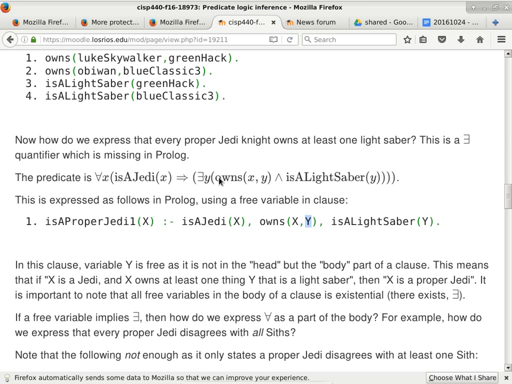I forgot to update this one to reflect that it's a proper Jedi. A proper Jedi is one that owns a lightsaber. So the concept of Y being a free variable doesn't necessarily translate into the other syntax? It does not translate into this one.